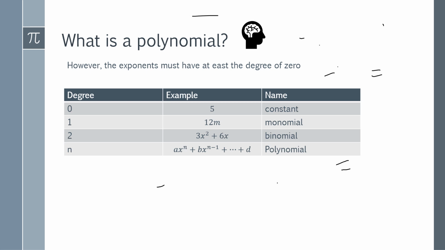The last one, when you see anything to the power of n, I'm just saying any number. N could be 5, 6, 7, 8, you put the number in. So again, the leading exponent is always the biggest one. All right? And later, we're going to see all that come into play. All right, let us proceed.